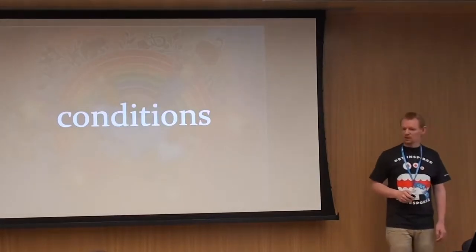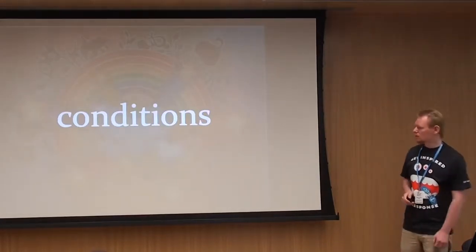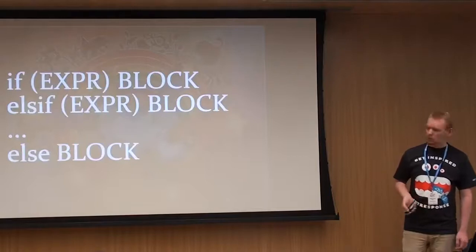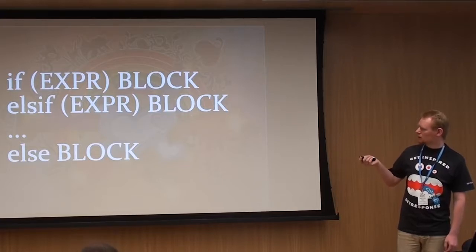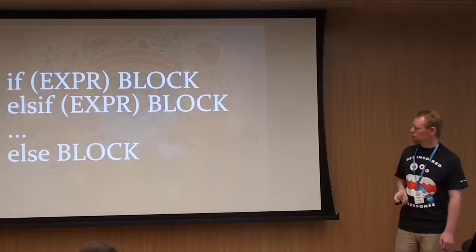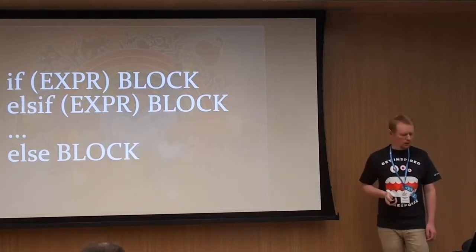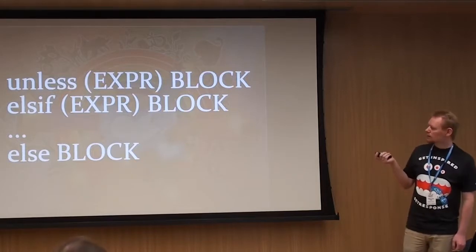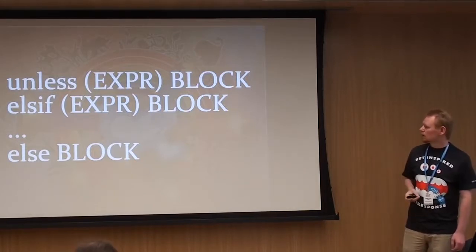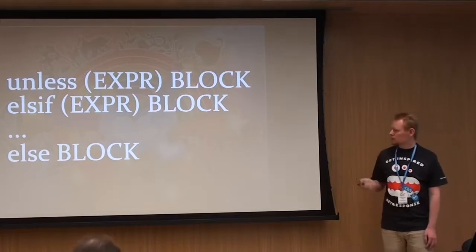Of course, we have support for all types of conditions. That means we have if, parenthesis, some expression, and a block with else if and so on, and the final else option. We also have unless, else if, else. I hope not too many people are using this.